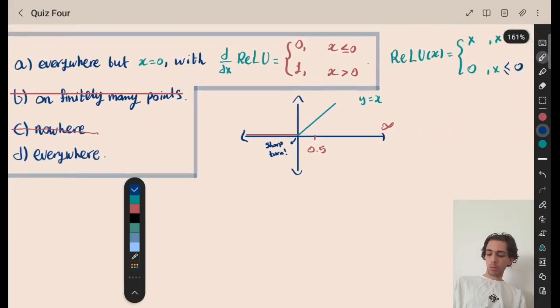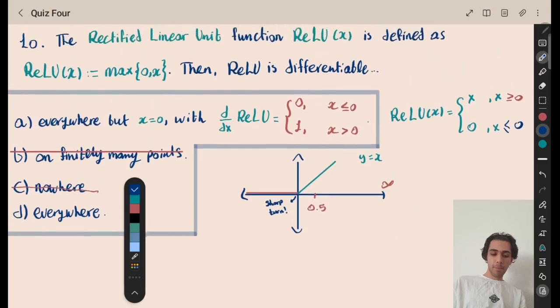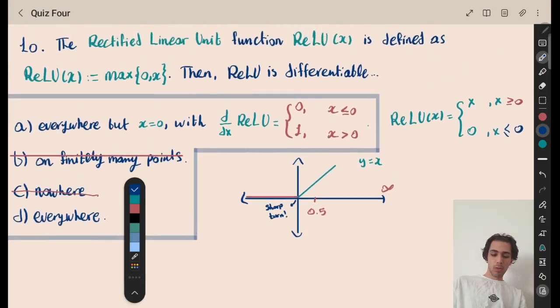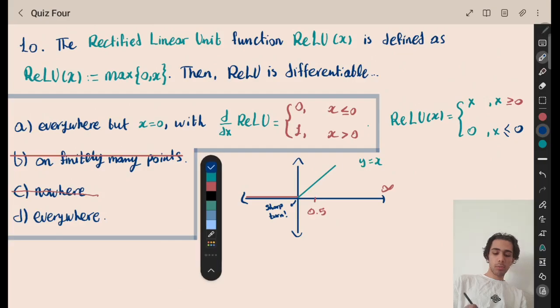But if you want to do this problem in a more argumentative manner, we can take a look at the limit as x goes to 0, from the left and also from the right.